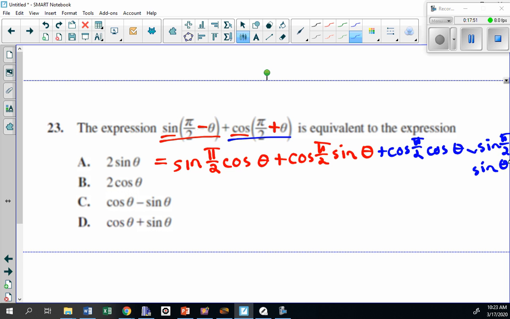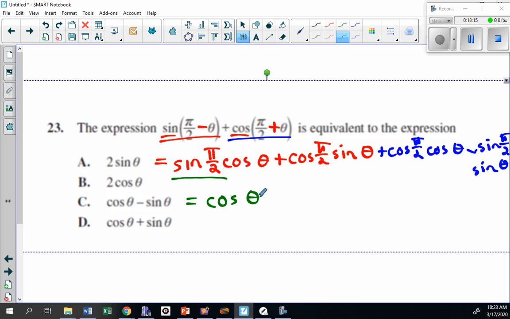Now, it might look like, how can this possibly simplify to one of these 4? Well, the nice thing is when we evaluate, sine pi over 2 is just 1. So we are just left with cos theta.